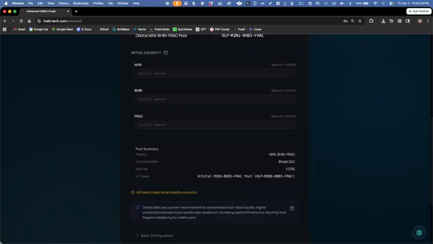So protocols can integrate with these pools and have audit trails and a clear accounting of what has been generated on the trading of these assets. Again, these are securities, so it's critical that there is absolute transparency and clarity in terms of what's actually happening with these assets as they're trading. So that's the Orbital AMM.